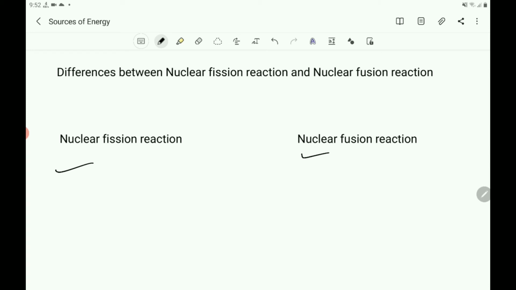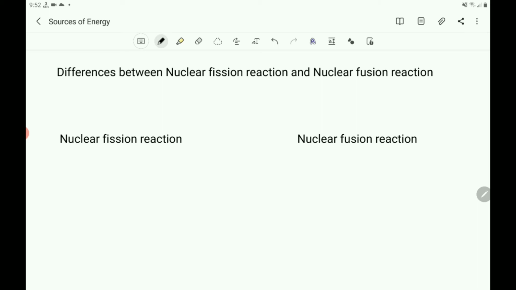Nuclear fission reaction can be carried out in the nuclear reactor in a controlled manner, but controlled fusion reactions are not yet obtained. There is no device to control the nuclear fusion reaction, but there is a device in which the nuclear fission reaction can be controlled, that is the nuclear reactor.